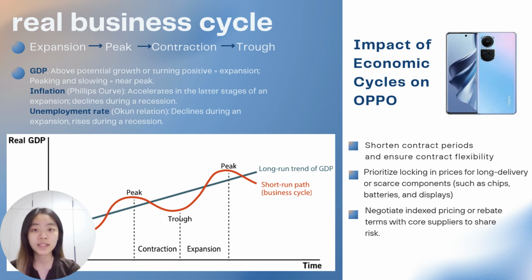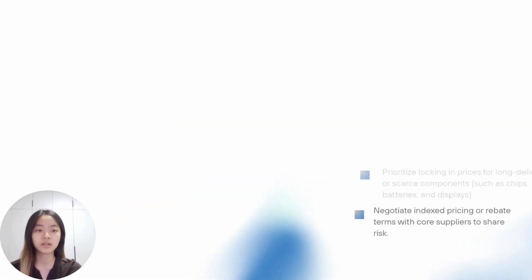If we see inflation rising, when CPI and PPI go up, we should communicate with our main suppliers about index-based pricing or rebate terms so we can share the risk instead of taking it all ourselves. In summary, by closely tracking GDP, inflation, and unemployment, we can tell which stage of the business cycle we are in and adjust our strategy earlier.